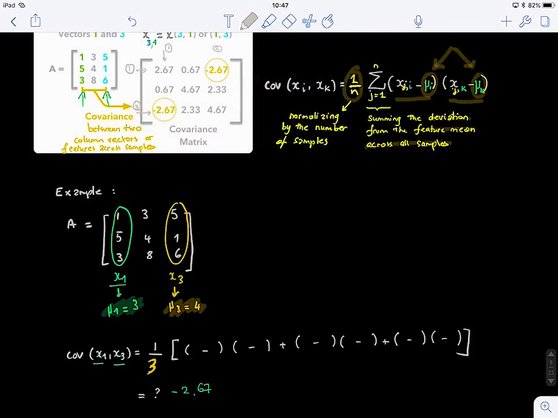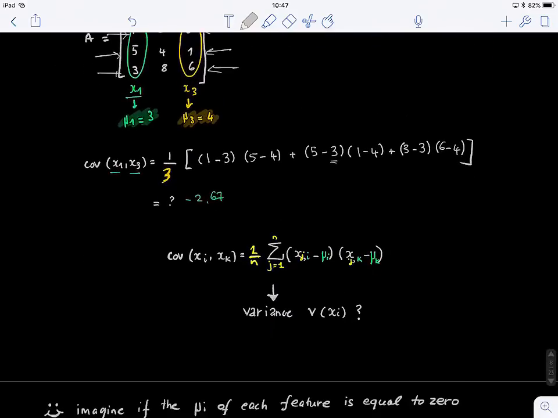So here it's 3. And then we have the mean of the second one. And then we're going to compute the deviation, right? So it's like first row, and then first row here, 5 minus 4. Then we look at the second row, 5 minus mean plus 1 minus 4. Third row. So that is our formula. Very simple. Okay, cool.